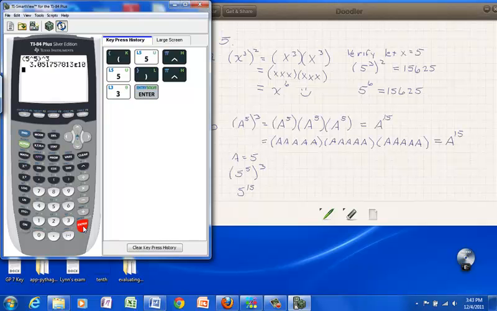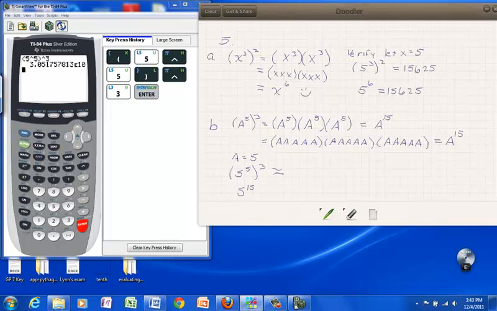Now, look at that answer very carefully. Your answer is not 3. If I'm multiplying that many 5's together, my answer should be a very huge number. So my answer really is very close to 3.05 times 10 raised to the 10th power.